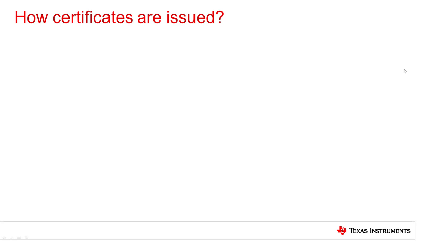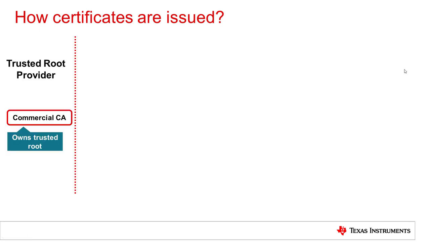What we're going to do in this slide is walk through how end entity certificates eventually get issued by an IoT device company, and this should give you a clear picture of how everything works. At the start, you have a trusted root provider, and this might be someone like VeriSign or GoDaddy. They own a trusted root certificate.